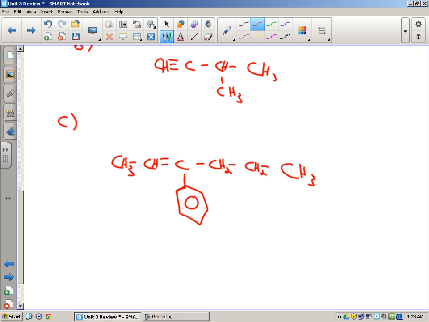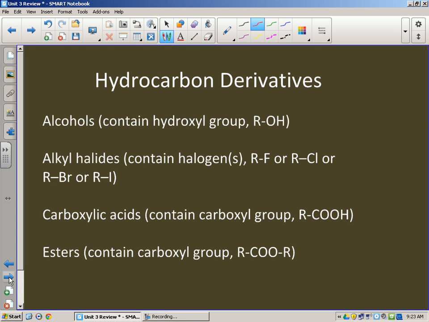And then we're going to get into some of the other ones here. Alcohols, of course. Alcohols, don't forget, have this hydroxyl group, is what it's called, and that's that part right there, that OH part. Alkyl halides, of course, halides refers to the halogens. So these are, of course, the halogens, and things like fluorine, chlorine, bromine, iodine are the halogens.